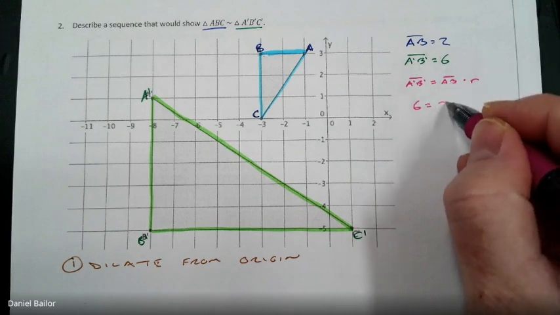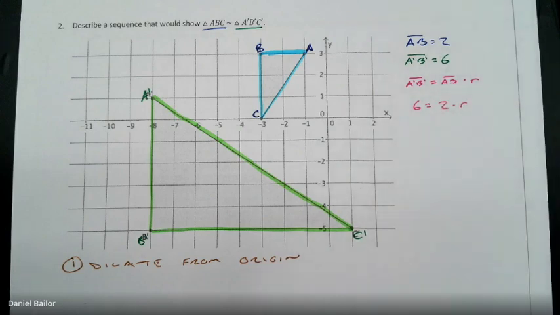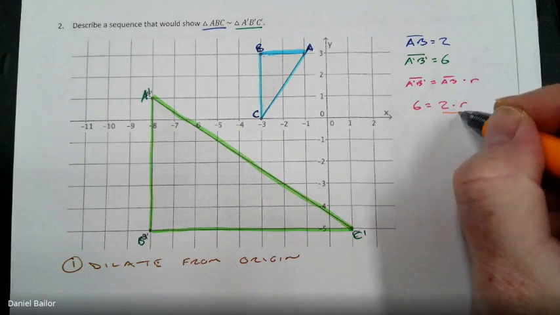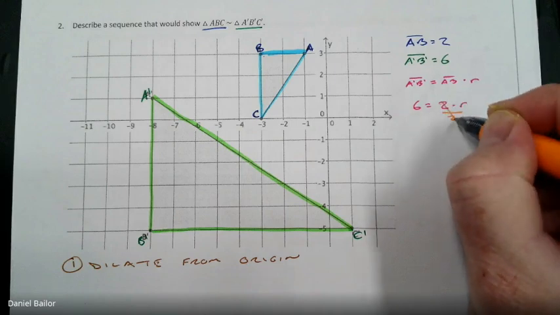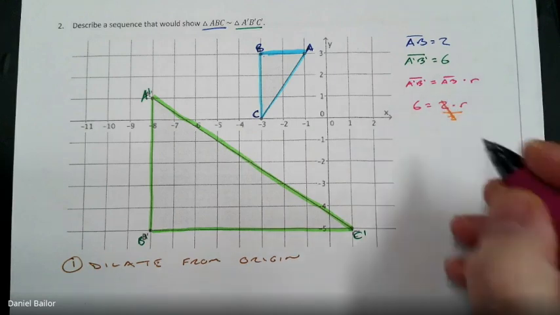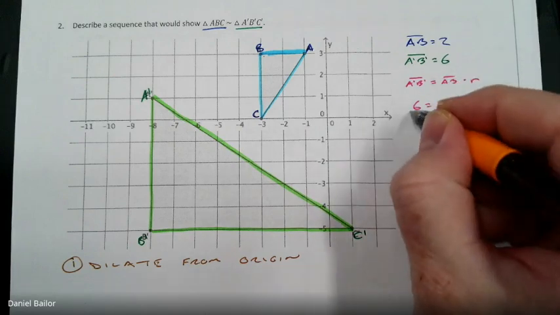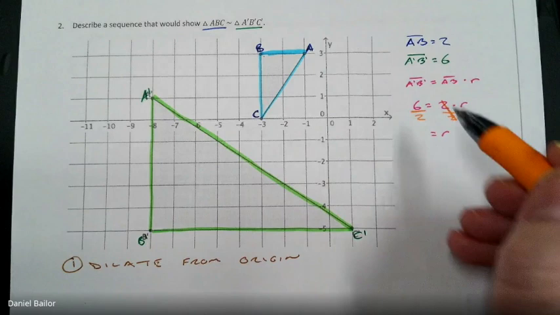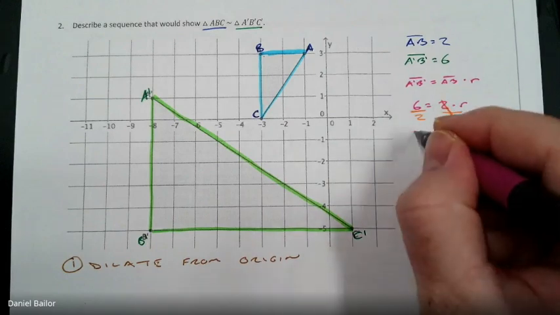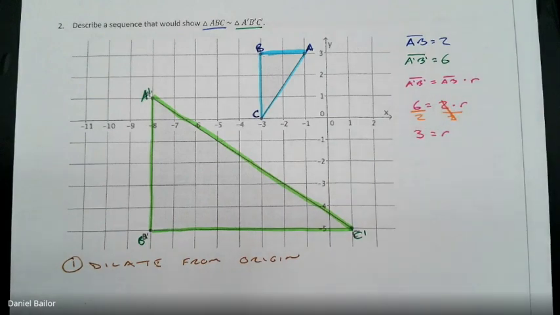AB was 2. So we do some algebra, divide by 2, because 2 divided by 2 is 1, and 1 times R is just R. And if we divide by 2 on this side, we divide by 2 on this side, and 6 divided by 2 is 3. So the scale factor is 3.